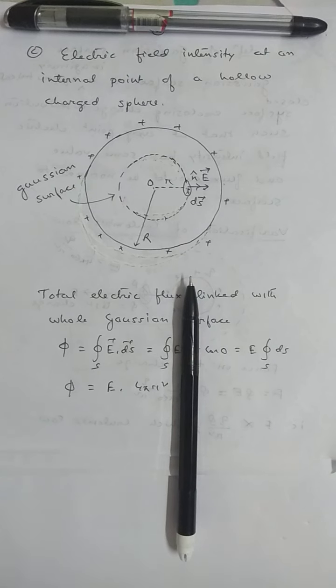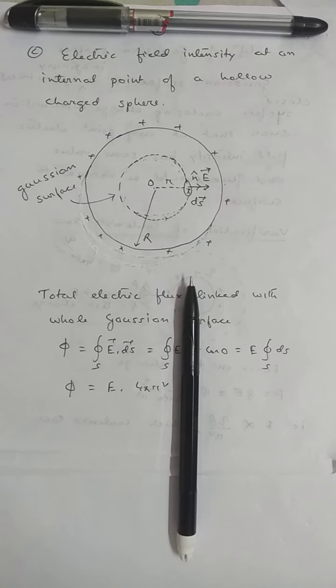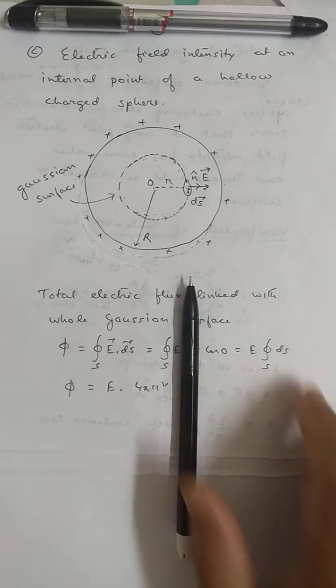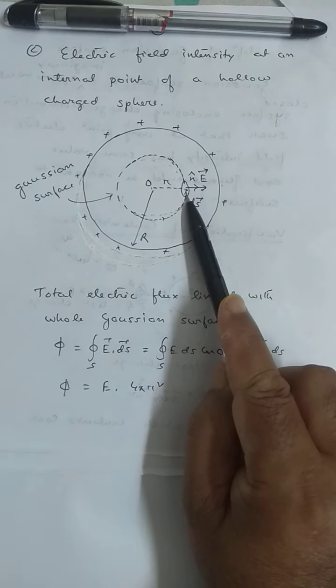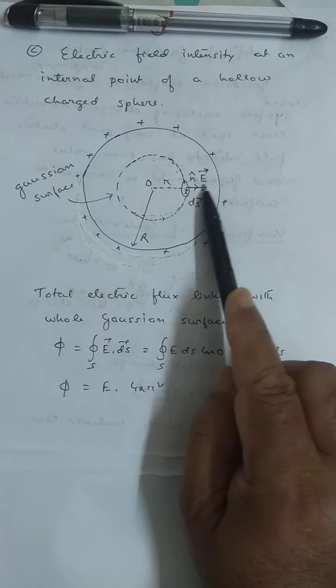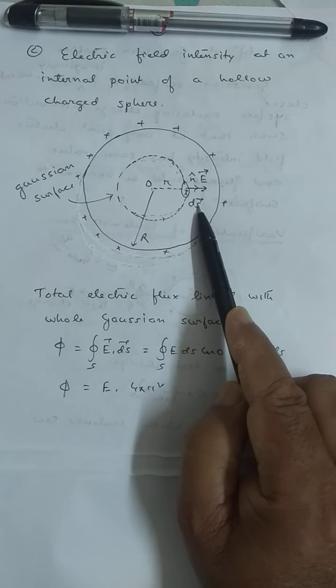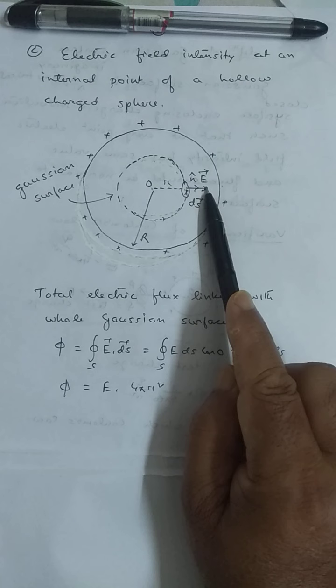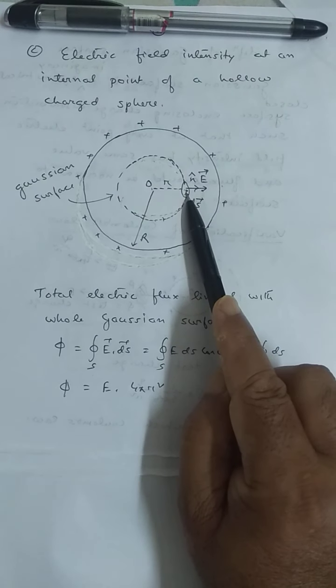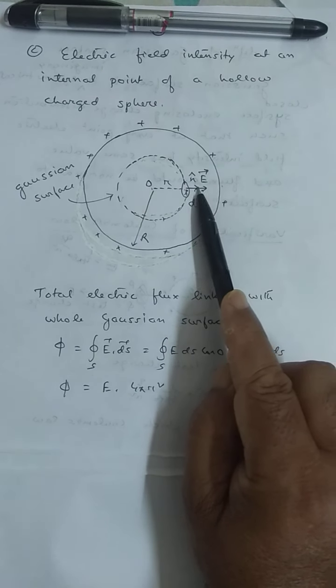It is an imaginary symmetrical closed surface enclosing charge distribution such that at every point on the surface, electric field has the same value. So I consider an elementary area dS. If I draw an outward normal, this dS becomes a vector quantity. You just see electric field intensity and outward normal on the elementary area are parallel to each other.